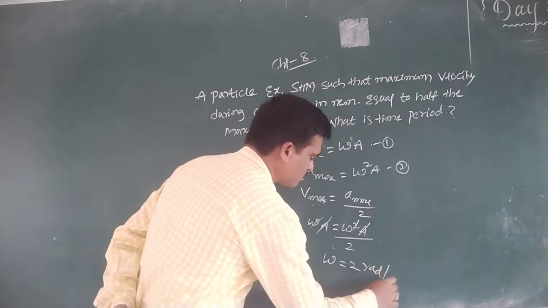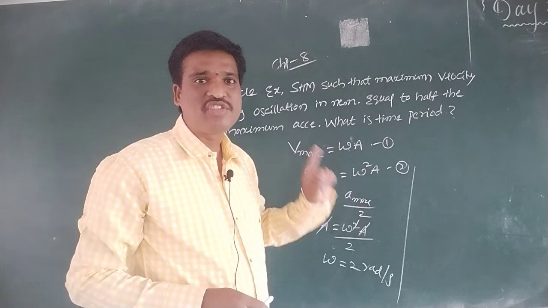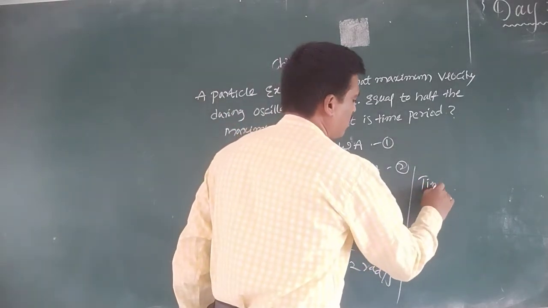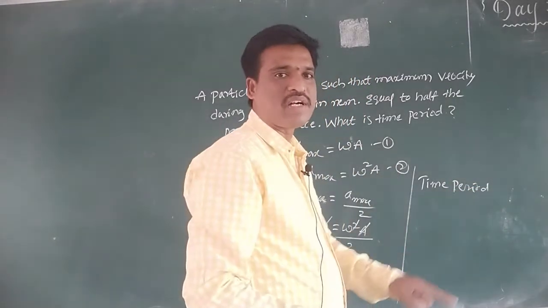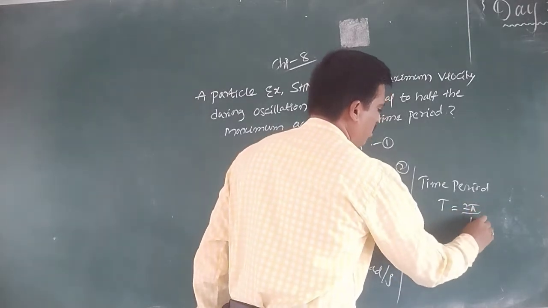But now which value do we have to find? Time period. What is the formula for time period? T is equal to 2 pi by omega.